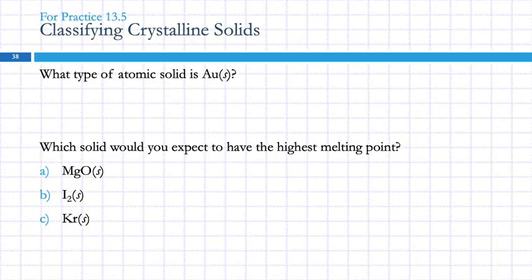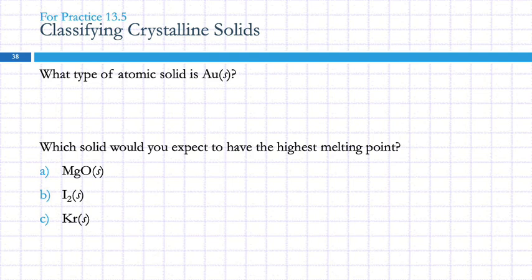Okay, so this is a kind of question you should be able to answer, and it's actually a lot easier than it seems. What type of atomic solid is Au? Well, you want to ask yourself, what kind of an element is it? It's a metal, isn't it? So is this non-bonding, metallic, or network covalent?